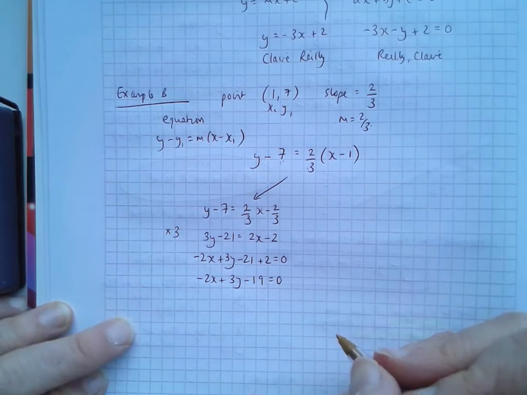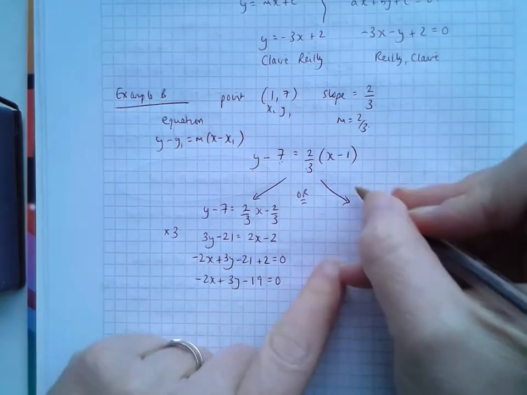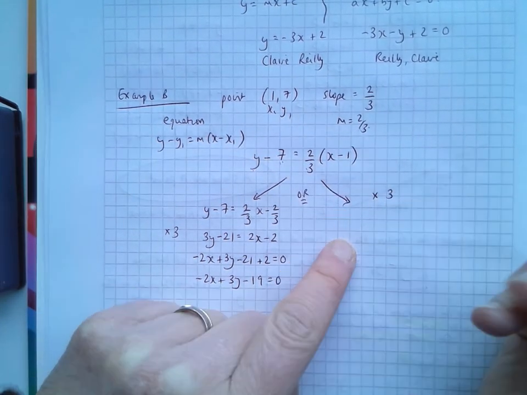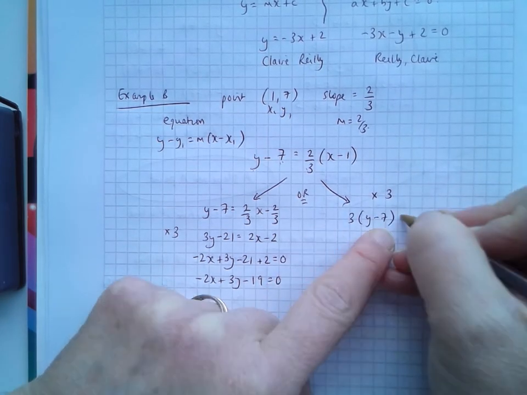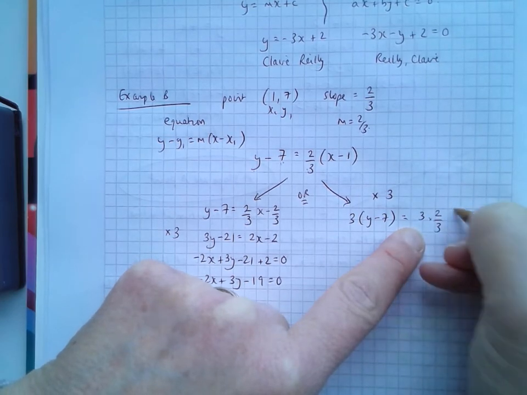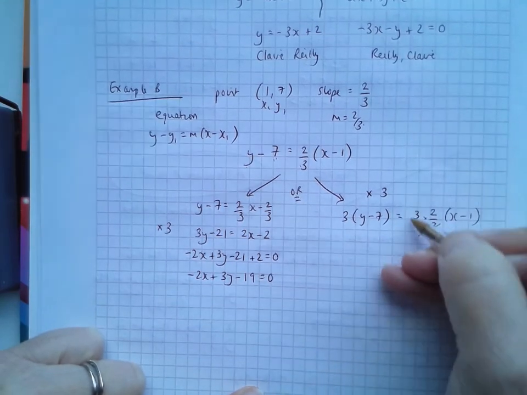And the other way, another possible way, is to deal with the fraction at this stage. So to say I'm going to multiply both sides by 3 now anyway. So I'm going to have 3 by y minus 7 is equal to 3 by 2/3 by x minus 1. So multiply by 3 at this stage. Those 3's will cancel each other out.